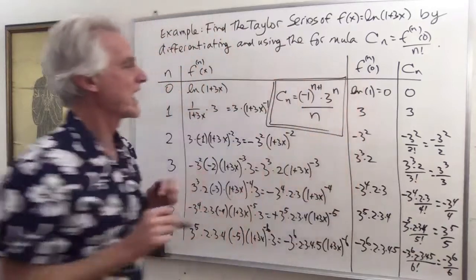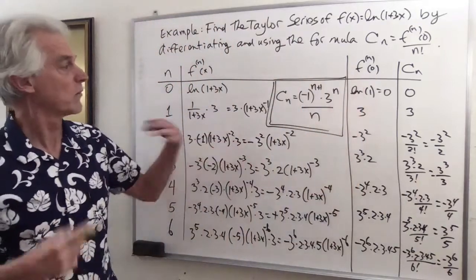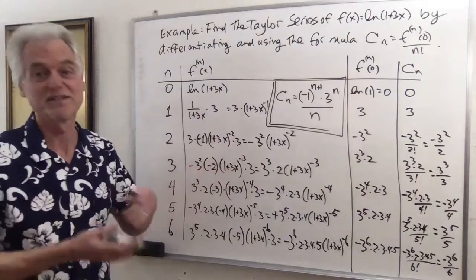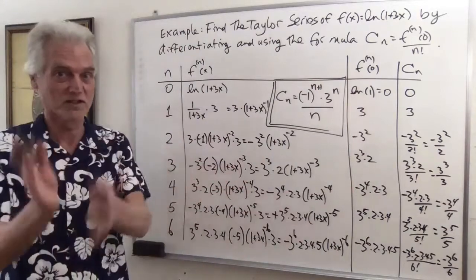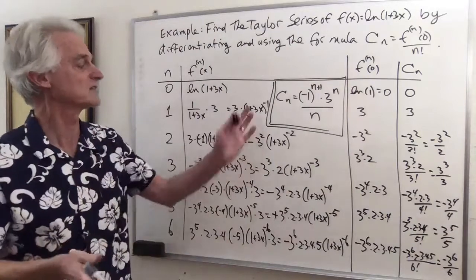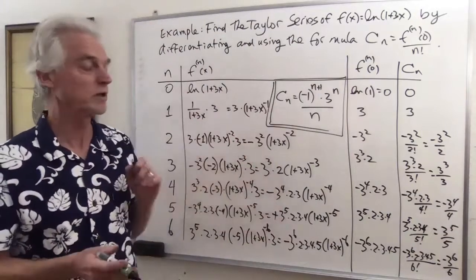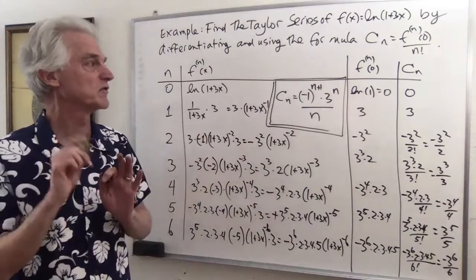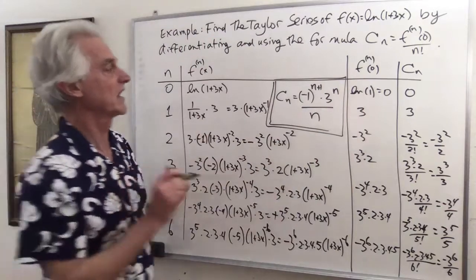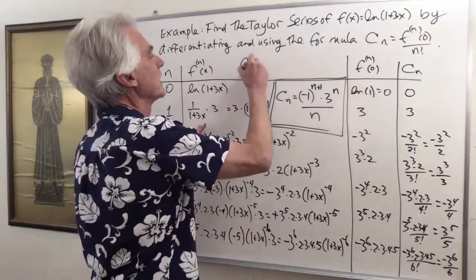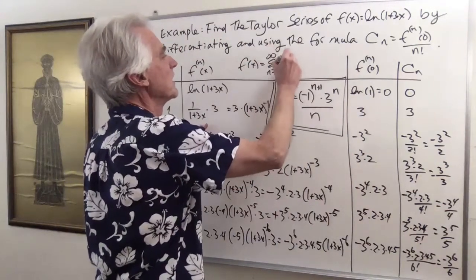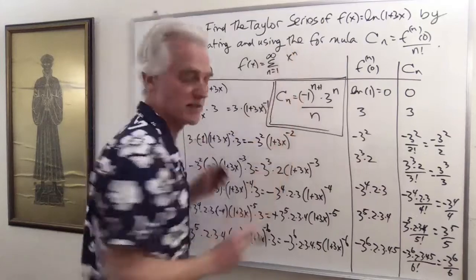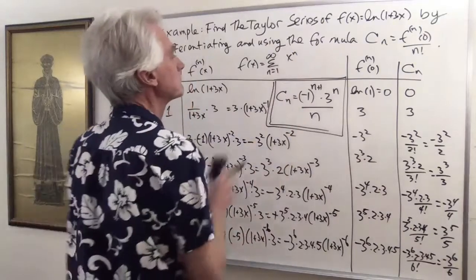Okay, so I have reproduced what we got before, which took as long as it took me to just write down the answer using the known series for log of 1 plus x. Doing all this work, we can reproduce the coefficient Cn in the Taylor series. f of x is the sum from n equals 1 to infinity of Cn times x to the n.